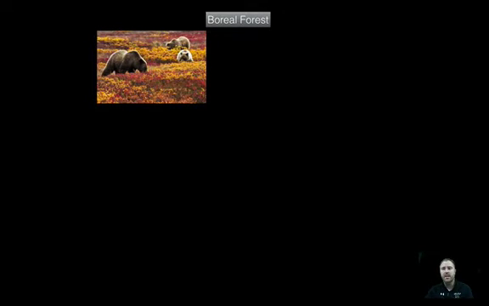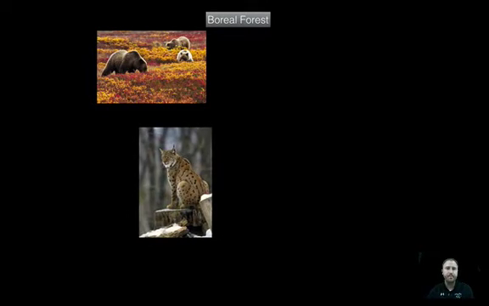The boreal forest is what you would start to run into if you were to go up towards Canada and further north. The boreal forest is made up of coniferous trees. Coniferous trees are ones that have seeds that develop into cones, and we'll often talk about the taiga as being a type of boreal forest where you have different types of evergreens.